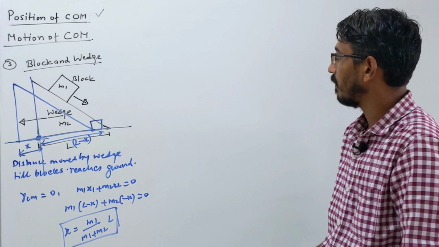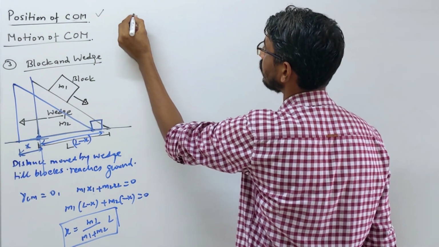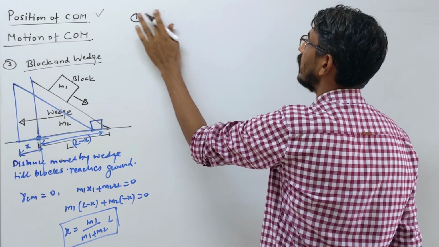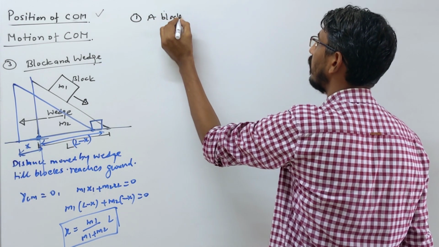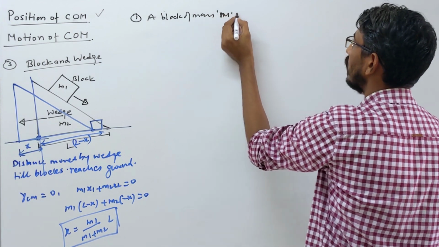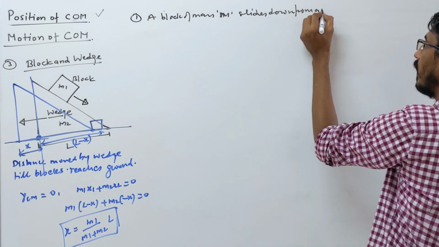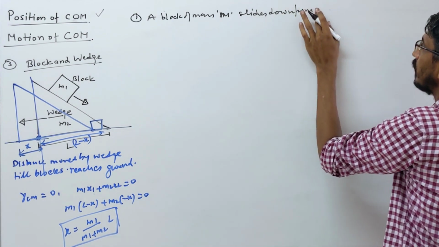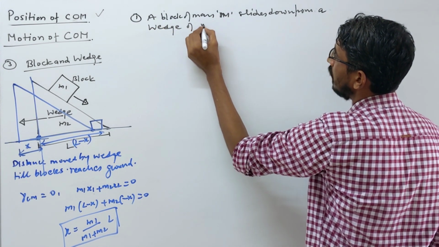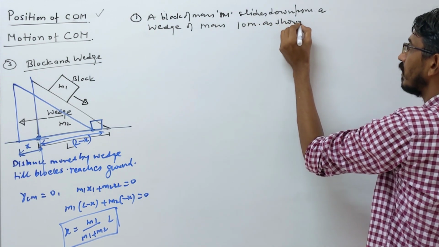Okay, let's see with the help of a numerical like this one. Say a block of mass m slides down from a wedge of mass say 10 m as shown in the figure.